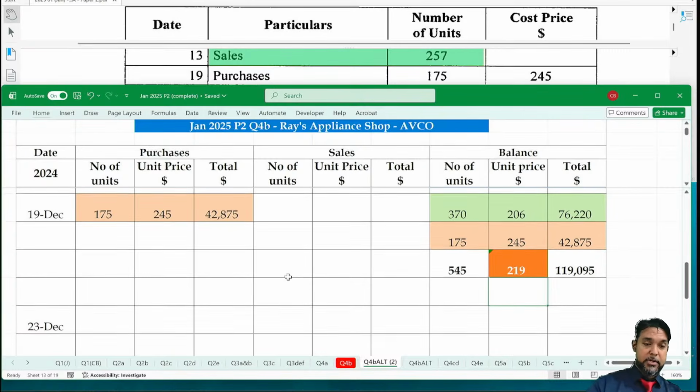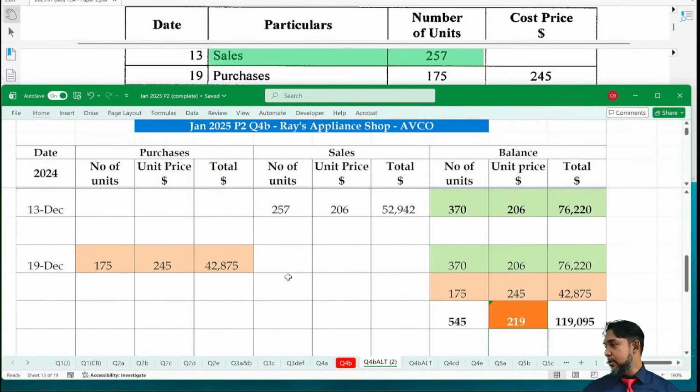Can anybody corroborate 219? Yeah? All right, cool. Google Meet, just give me a quick chat or a thumbs up if you're good with what's on your screen currently. If you need me to re-explain or recap anything, give me an R or a thumbs down. Let me know what's going on. If you don't say anything, I'll assume you're good.